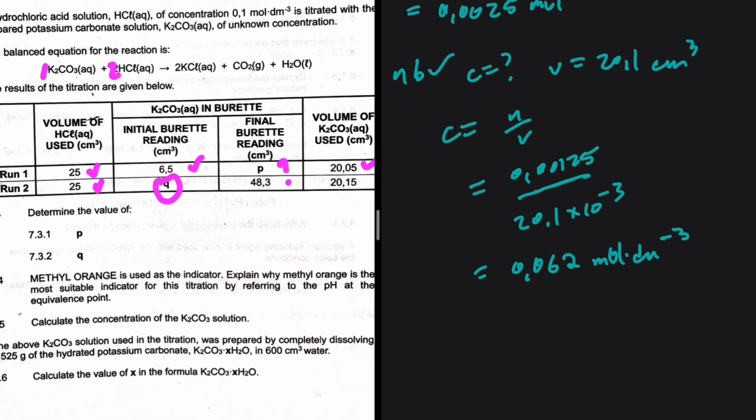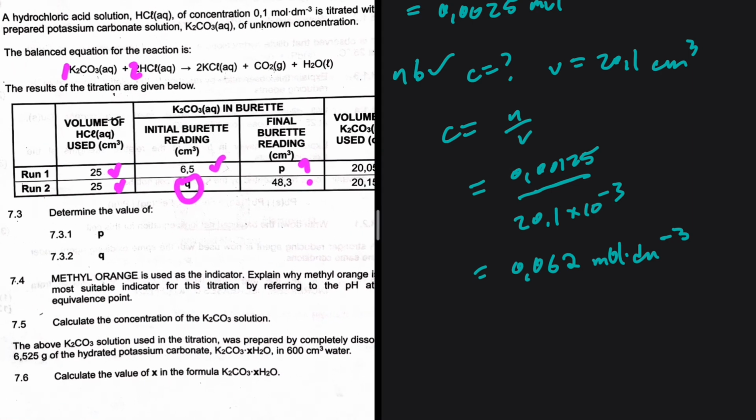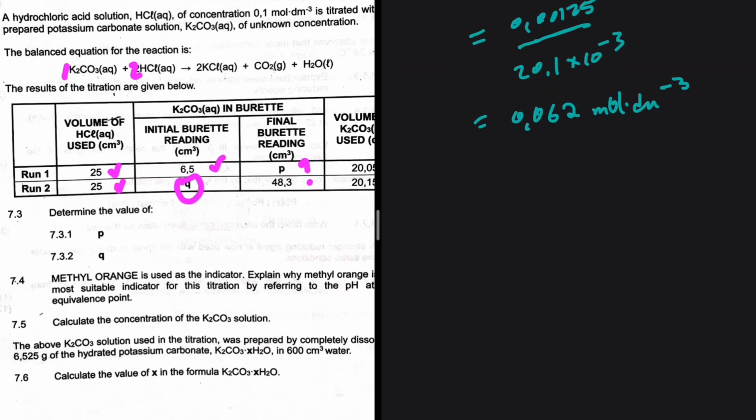Okay, and then now let's go to 7.6. So the value of X. After 7.6, after question 7, really, we should do question 8, 9, and then we go to question 1 and do the multiple choice. But it's going to depend on the value of X that I get.